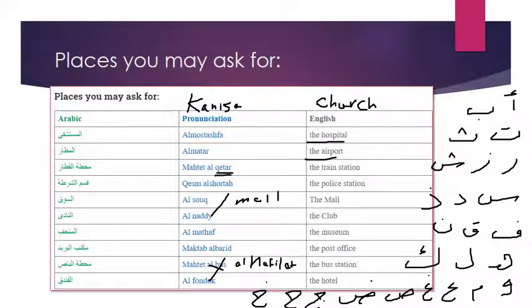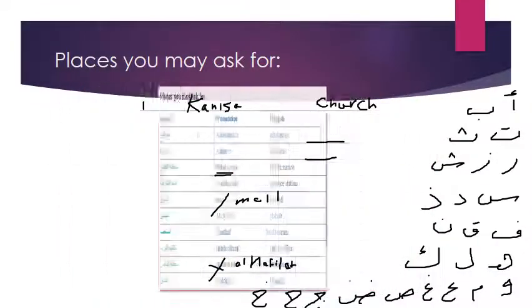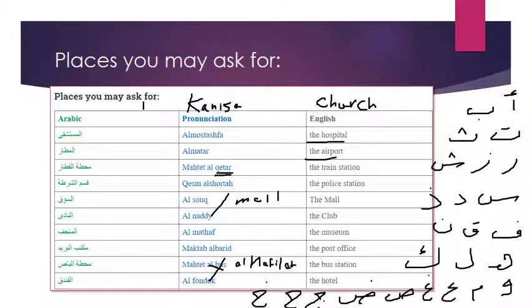So let's write it in Arabic. You say where is the church here? So what do you ask if you are lost about the direction of the church? You may ask a passerby. Excuse me, where is the church?